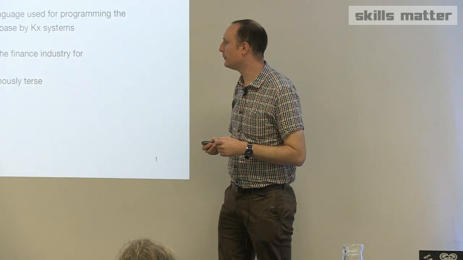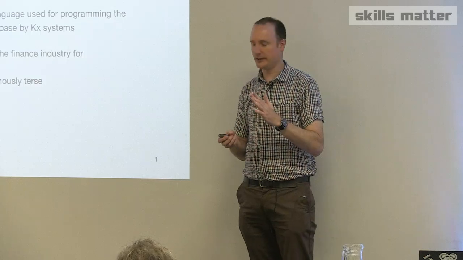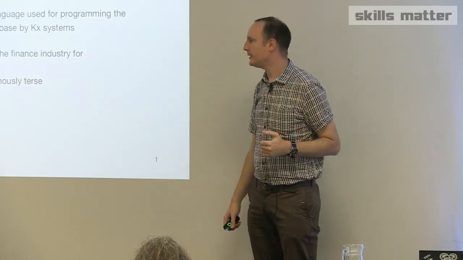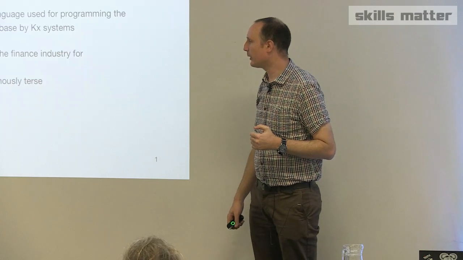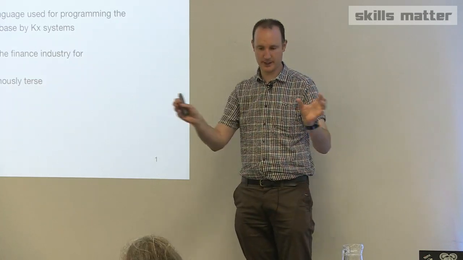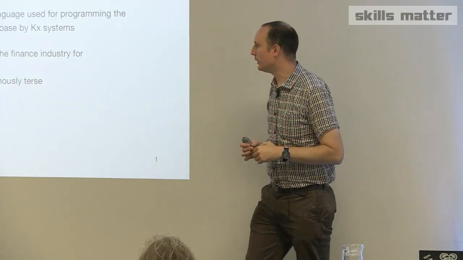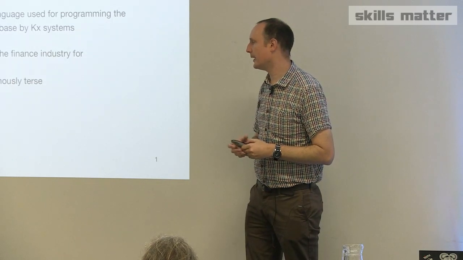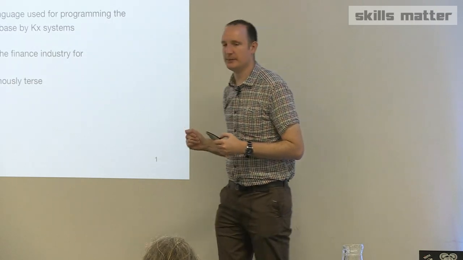It is famously terse. When you do a fold in Q, there's an infix operator for folding. Very, very terse, and Q programmers don't even like white space, so they like to write everything on one line with hardly any white space. It's dynamically typed as well.